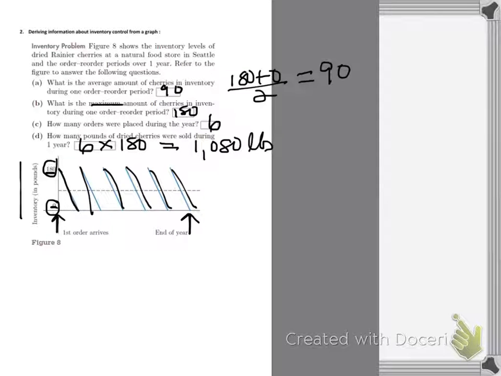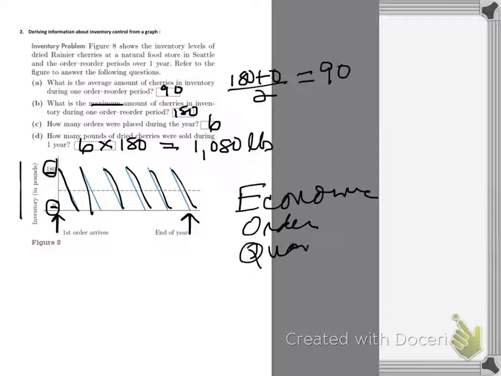So make sure you understand that. Make sure you can read this chart. On the next page, we're going to talk about something with this problem, and we're going to assume that the economic order quantity is exactly what we see here, which is that R is going to be 6 and X is going to be 180.